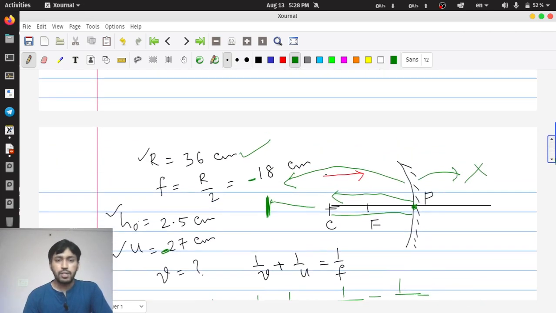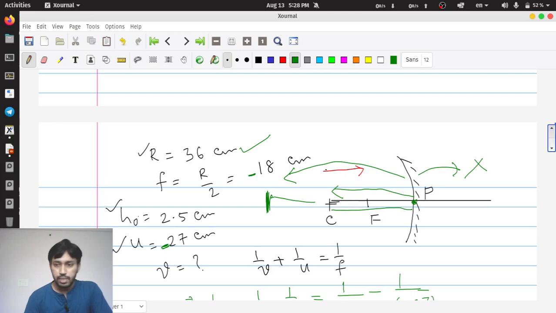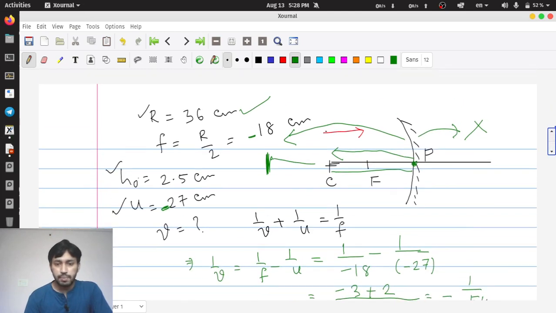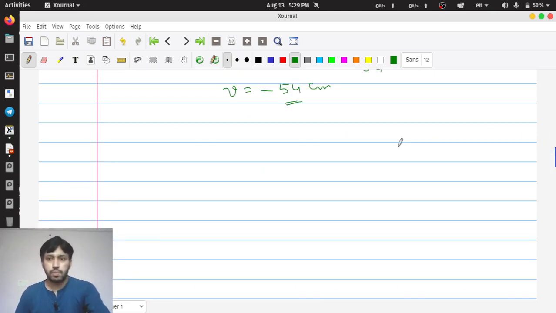So this is the answer to number 1. Now see the question: describe the nature and size of the image. Now I have to do something with the magnification. So let's do it.